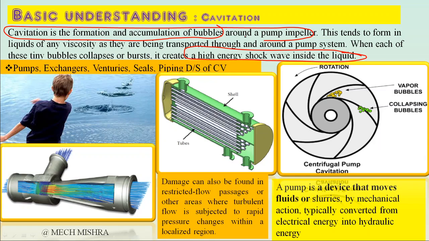When they collapse, they create a high energy shock wave which impinges on the metal surface and causes destruction or erosion of the metal, leading to pit formation, which is called cavitation.